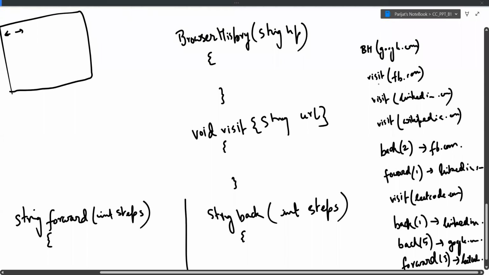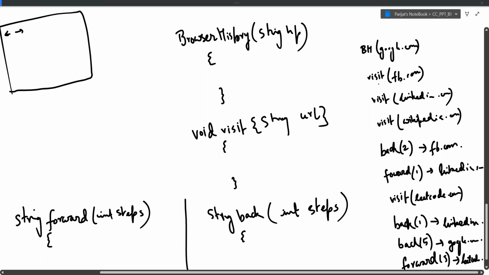For forward, the tail is keeping track of the current website we are on. If we go back and then go forward like 3 steps, from LinkedIn to LeetCode, it would stop at the tail position.